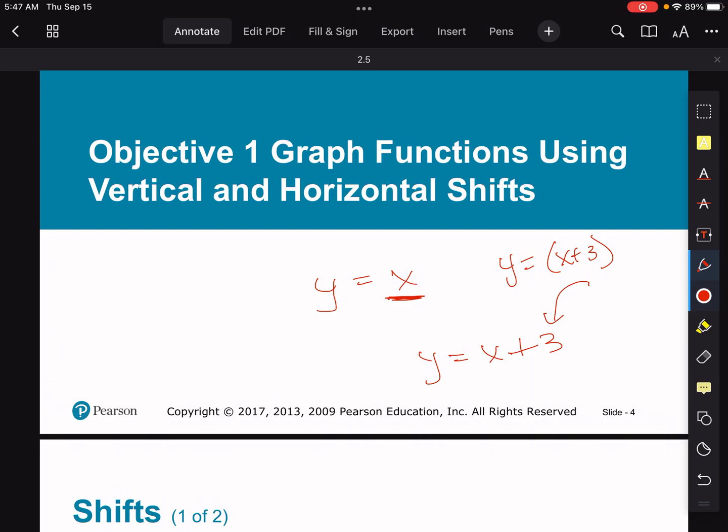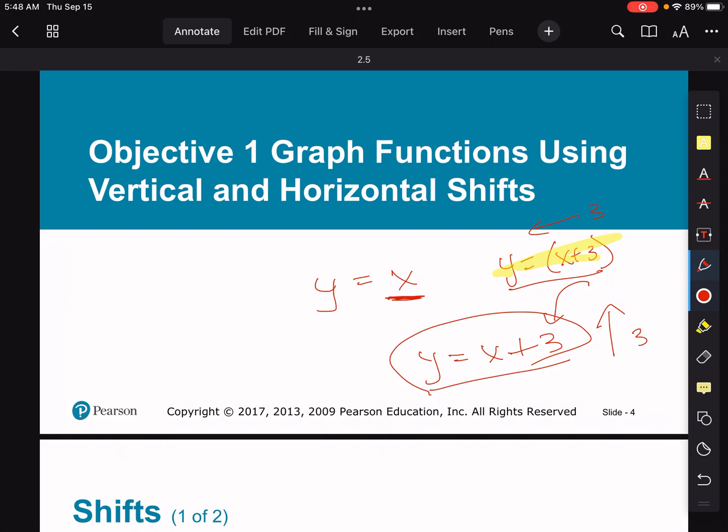By definition, if you remember from Algebra 2, this is a shift of the line y equals x to the left 3 spaces. But with a line, you'll notice that it will graph the exact same thing as this. It's also a shift, and on a technical level, this one is moving the graph up by 3. So even though they have the same picture, by definition, one is doing one thing, and one is doing the other thing.